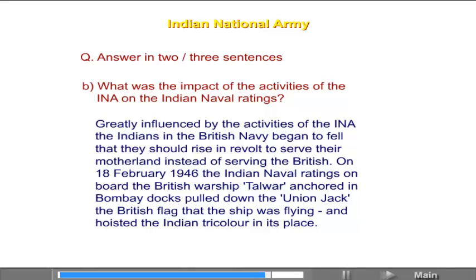On 18th February 1946, the Indian naval ratings on board the British warship Talwar, anchored in Bombay dock, pulled down the Union Jack, the British flag that the ship was flying, and hoisted the Indian tricolour in its place.